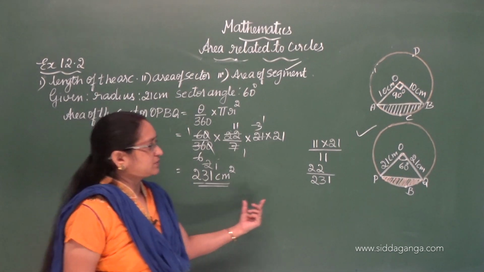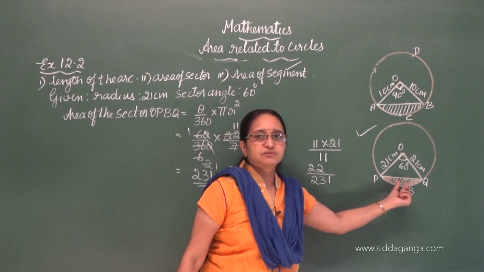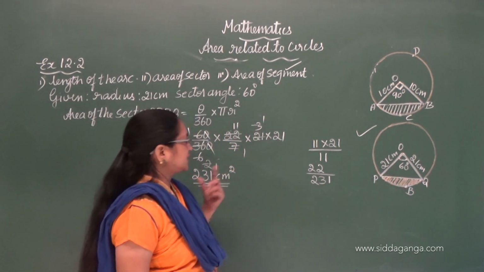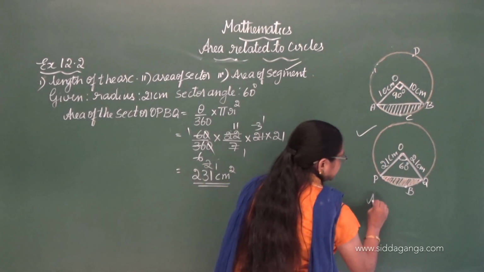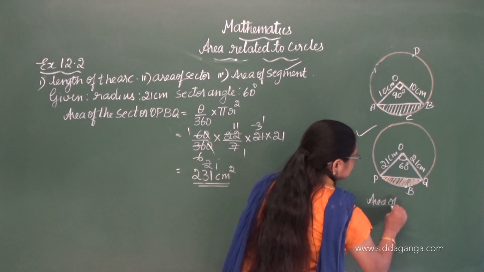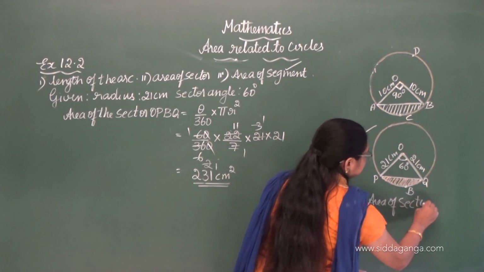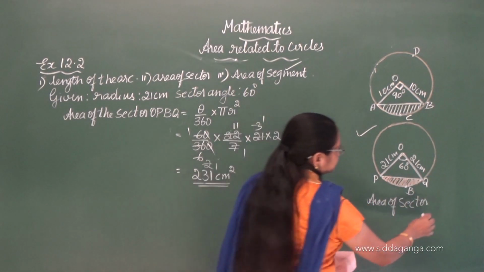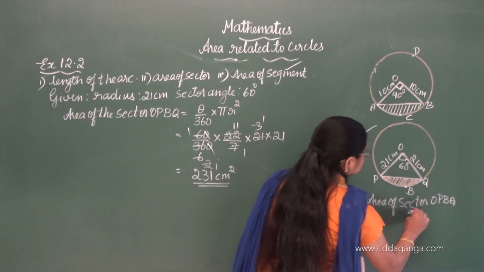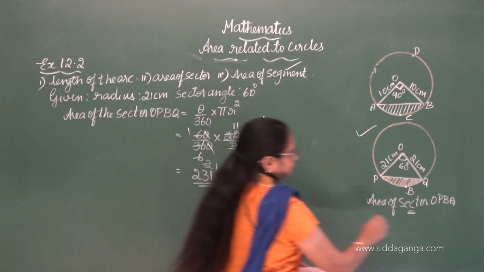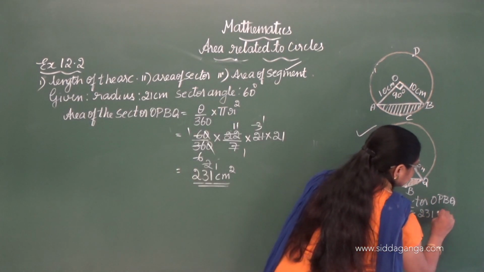Of course, this we need again. To find out the area of the segment, we need the area of the sector. So I will just write here area of sector OPBQ. How much is it? 231.